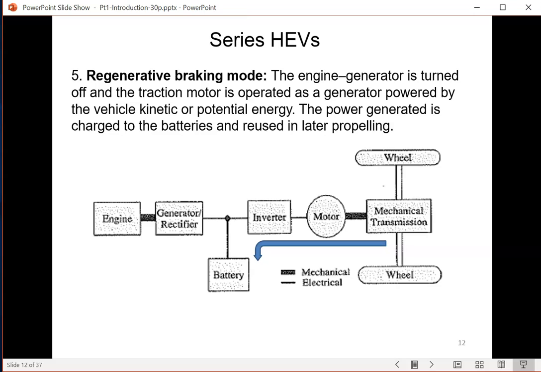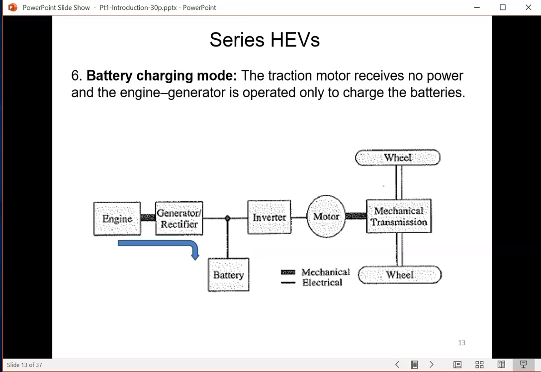The energy is wasted. But for an electric vehicle, we can actually convert that energy, or at least a part of it, back into electrical form and charge the battery. Then the energy gets stored there. So it helps to improve the efficiency of the overall system.